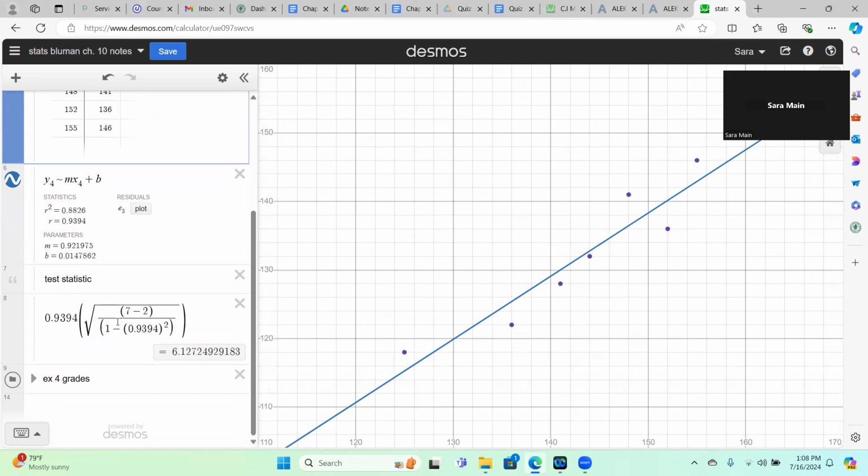So I'm calculating the test statistic. The test statistic is probably the easiest way, just because when it's really large, you can already tell you're going to reject. It's 6 standard deviations away. It's very rejectable. We can also compare the 0.9394 to the table A8. So let's do both ways.